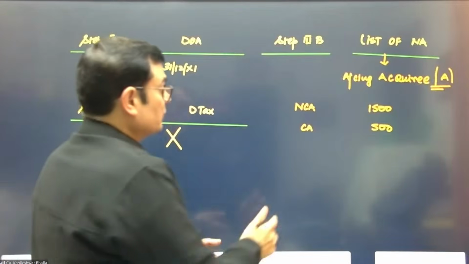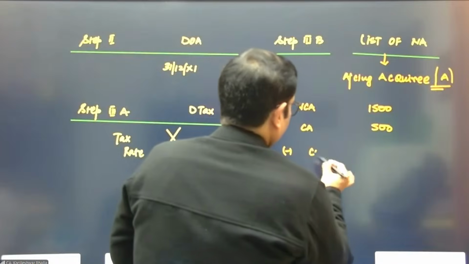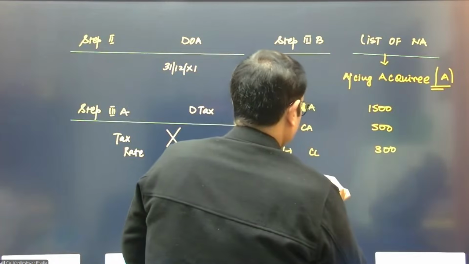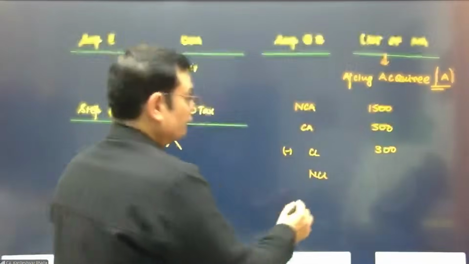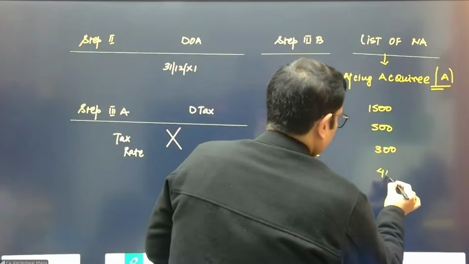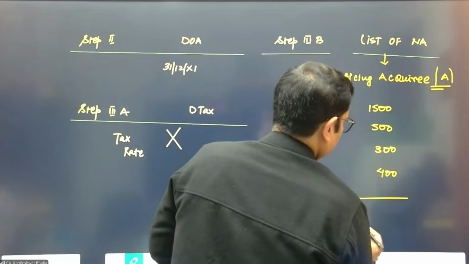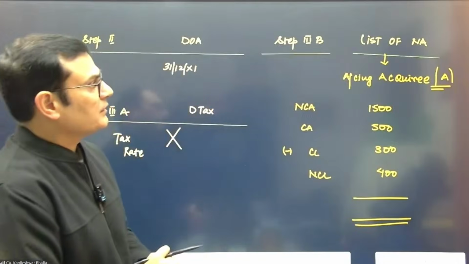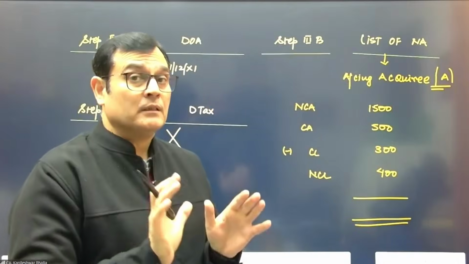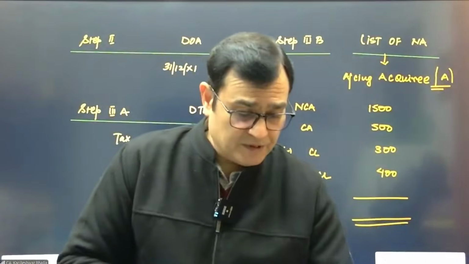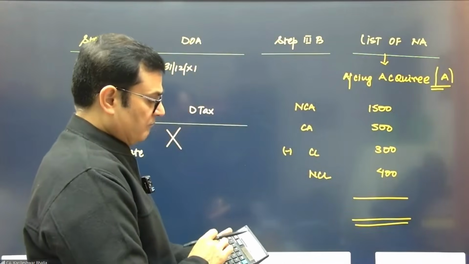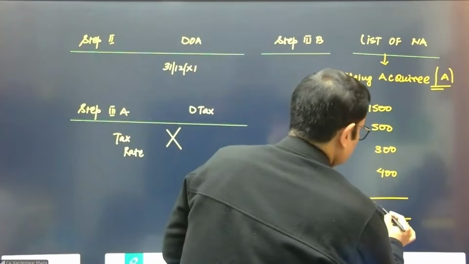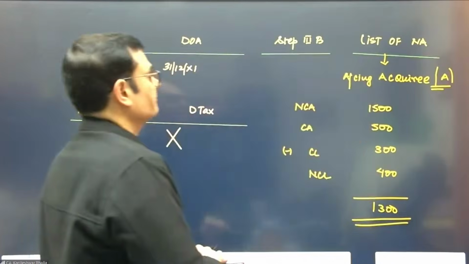Current liabilities are to the extent of 300. And then there are non-current liabilities as well, to the extent of 400. That's it. There is no exception list. Nothing is given, so there's nothing in terms of step number 3B. No exceptions, so we just take the net assets. That is 2000 minus 700, which works out at 1300.